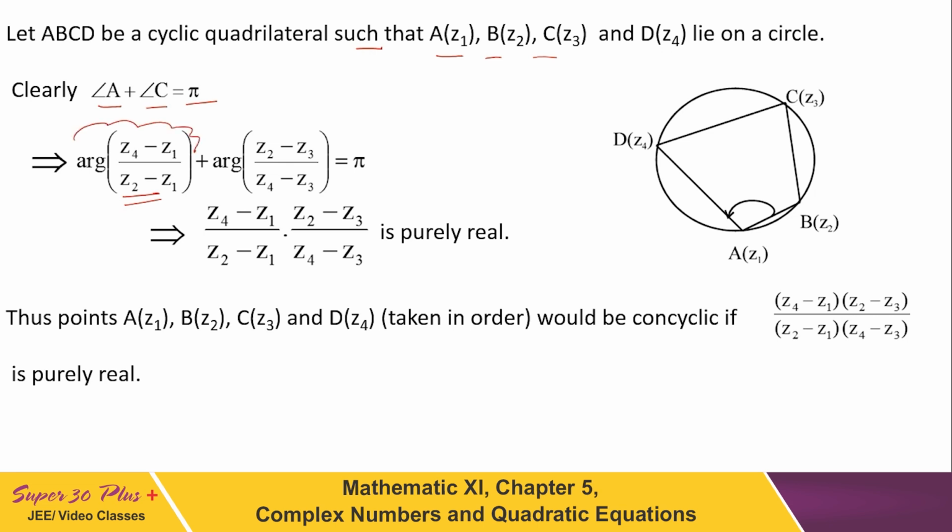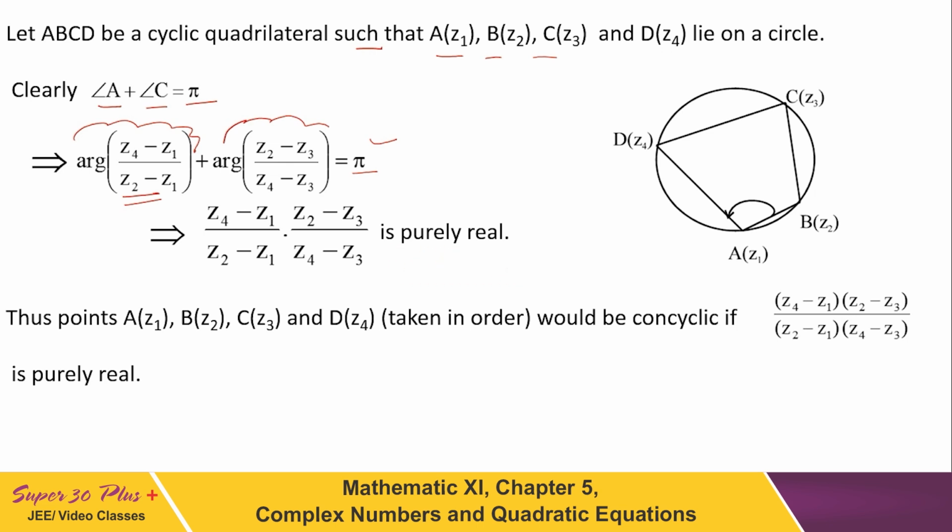In this chapter, the angle between the lines AB and AD can be written in this formation, and this is the angle A. The angle between the lines CD and CB is written like this, and as we know the sum of both angles is π. If the sum of the angles is π, then the product of these complex numbers has argument π, because arg(m) plus arg(n) is equal to arg(mn). If this angle is π, then this complex number is purely real.